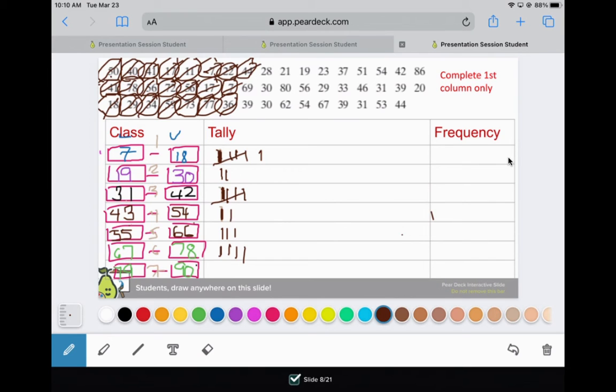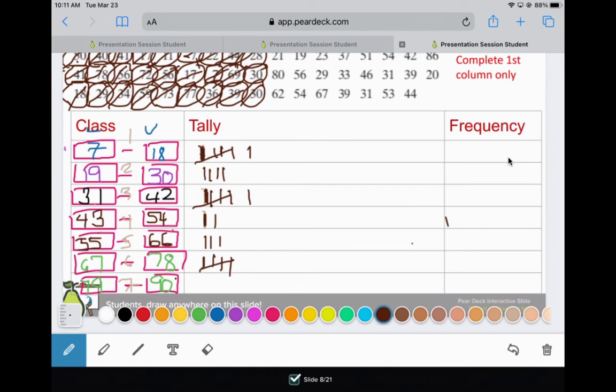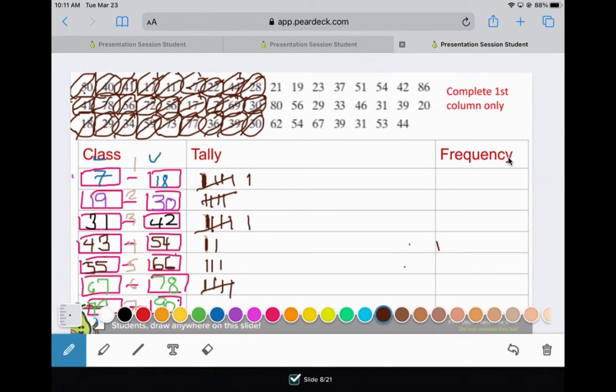Then I know. 69, 39 belongs to class 3, 28, class 2, 30, class 2, and then another 30. Okay.